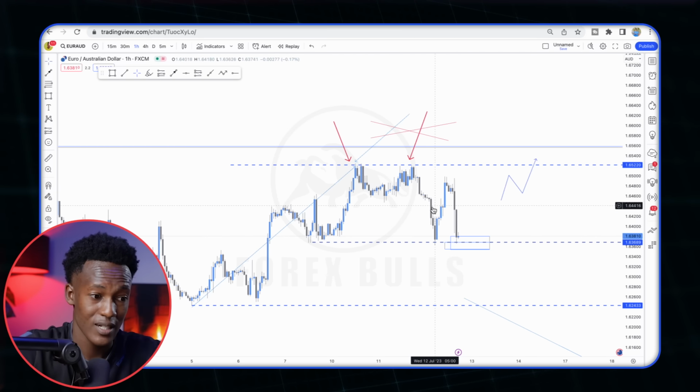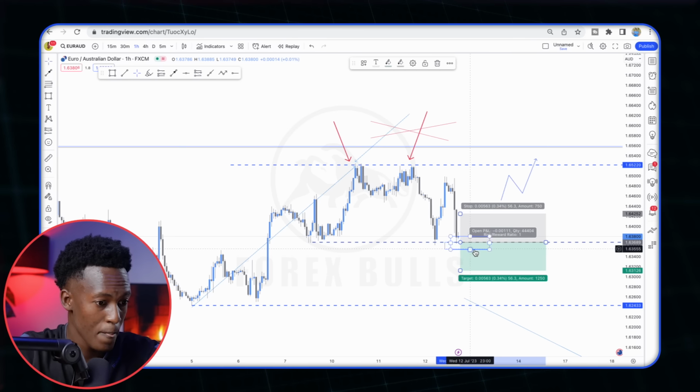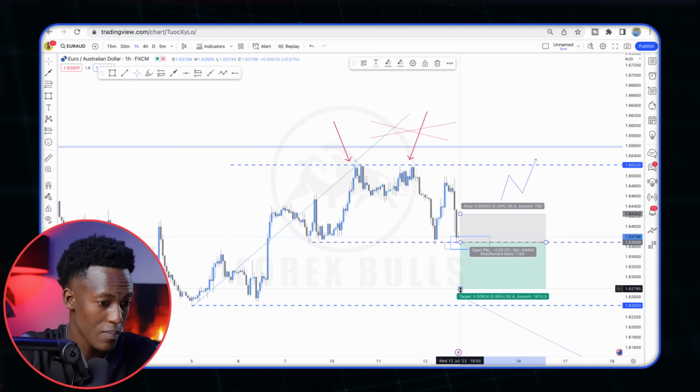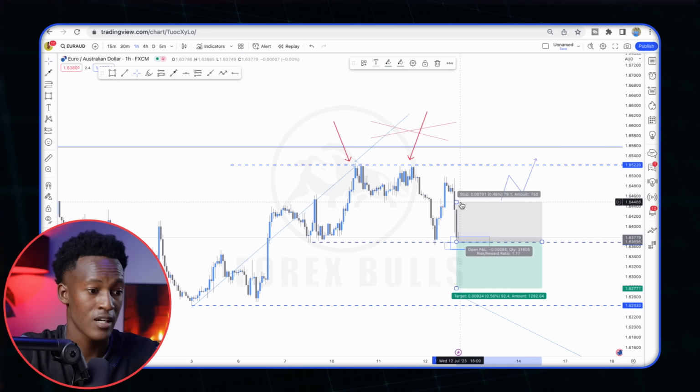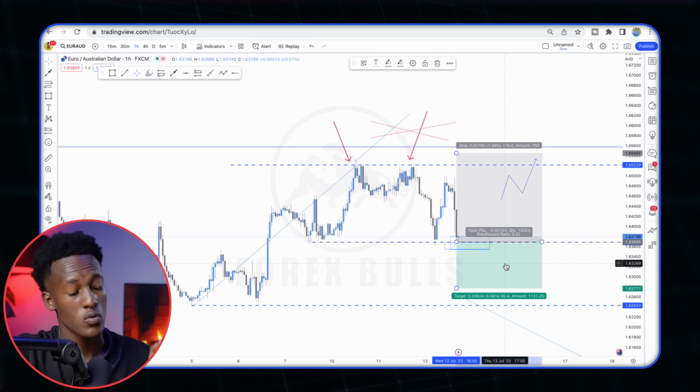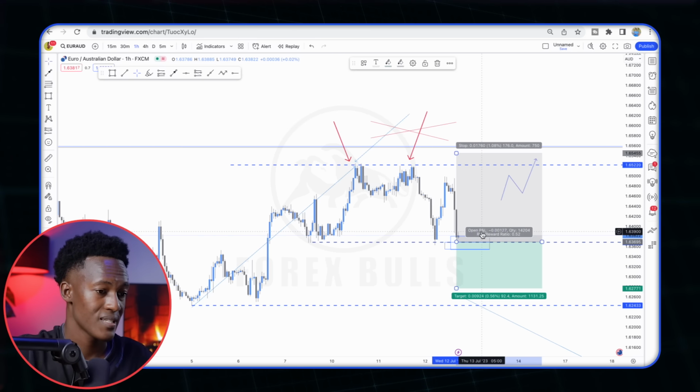So we're just going to watch out for, at any point, if this level is broken, we shall take a short-term sell right around here, and then we shall have a take profit of about 1 to 2, and then we can place a stop loss just above the closure of the candlestick. Well, the best way of placing a stop loss could be placing it above a key level. If, let's say, it was a support or resistance level, you can place your stop loss right around there.